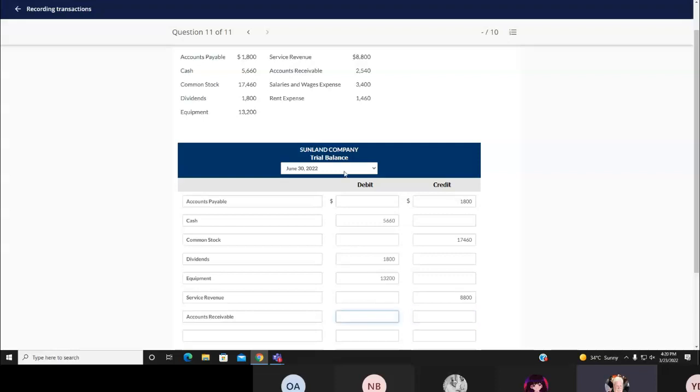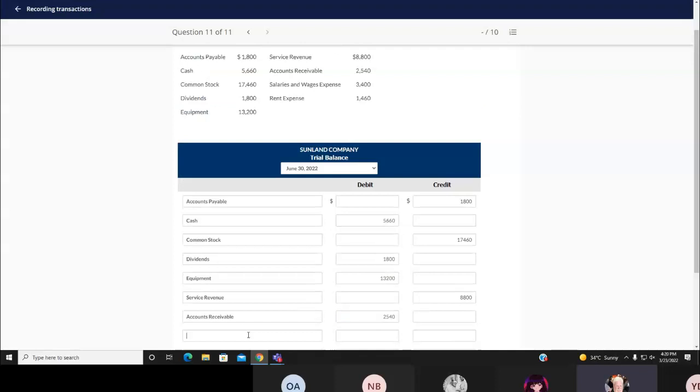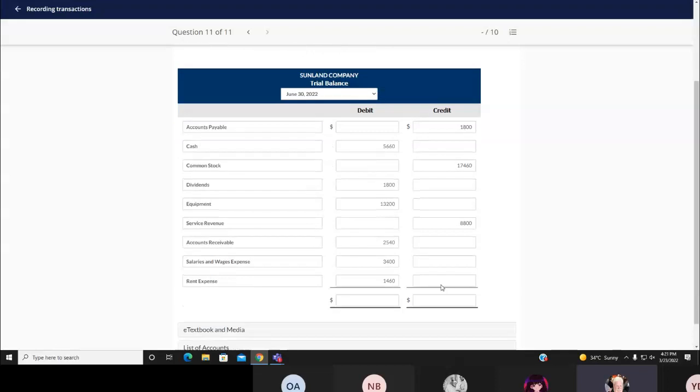If it's an asset, it's on the debit side. If it's a liability, it's on the credit side. If it's revenue, it's on the credit. If it's expense, it's on the debit. Right? And rent. Now, if you've done everything right, and these are the account balances, the debits should equal the credits. So add them up now.